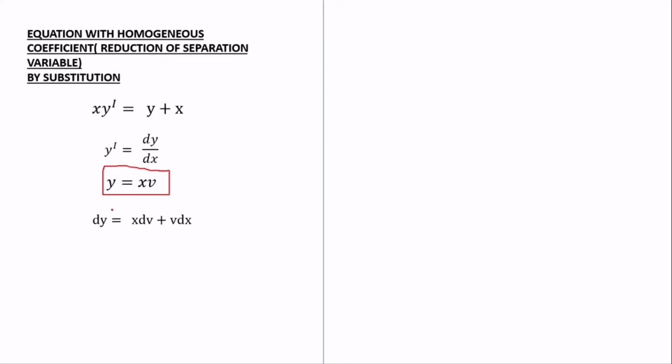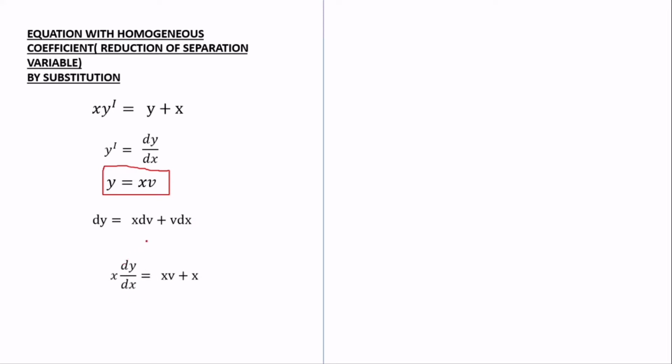After that, differentiate y equals to xv. So you get dy equal to x dv plus v dx. So we had this because there is a multiplication of x and v, so you use, according to differentiation, the product rule.